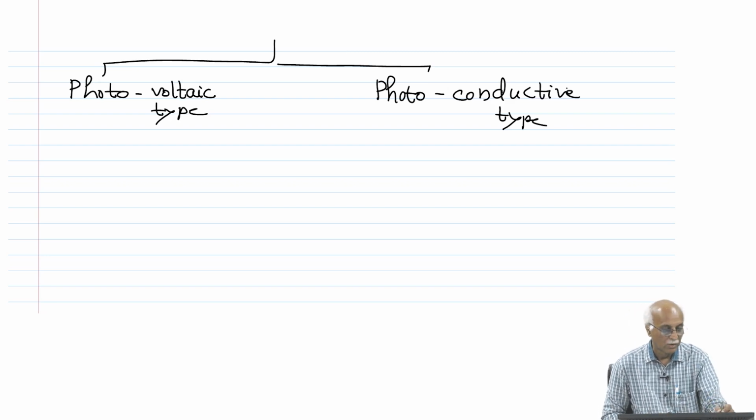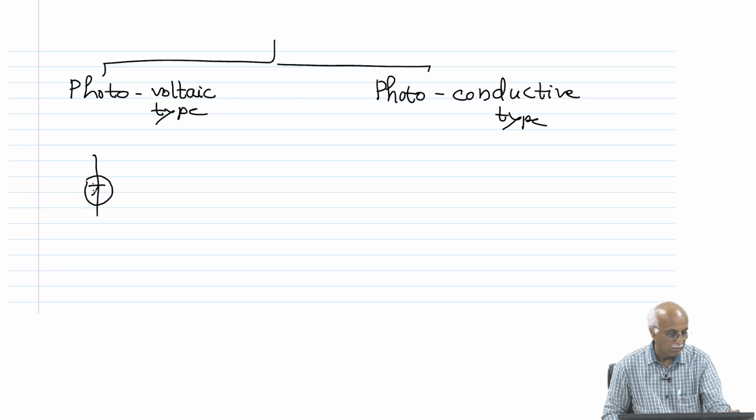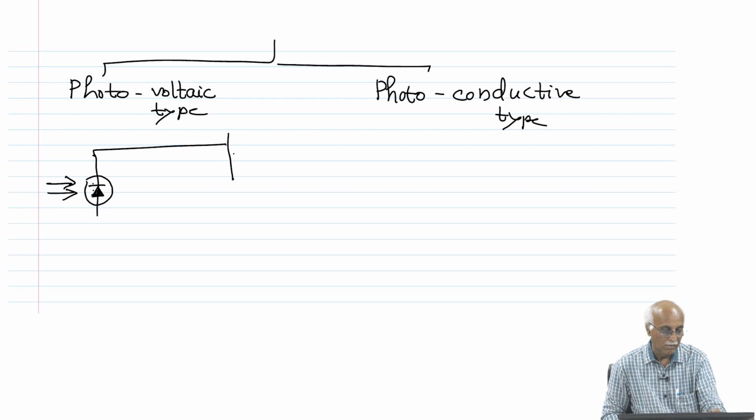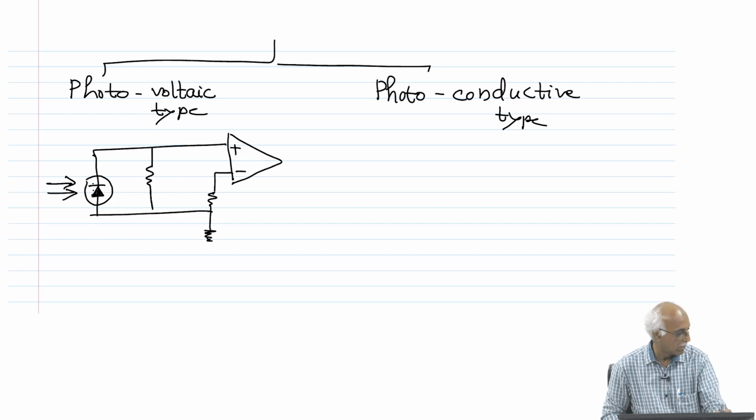Mode of operation. So, in case of photovoltaic type, the sensor diode is not biased. Light comes, and we have ground, RB.